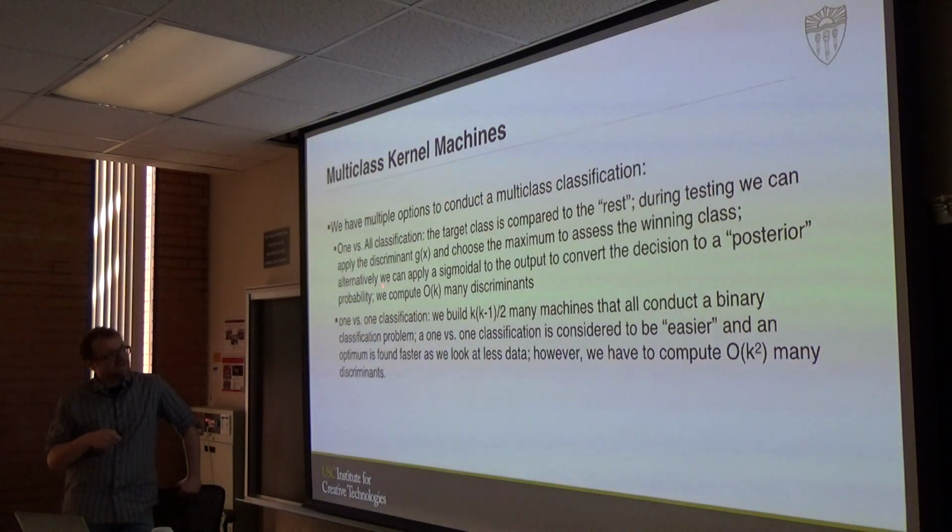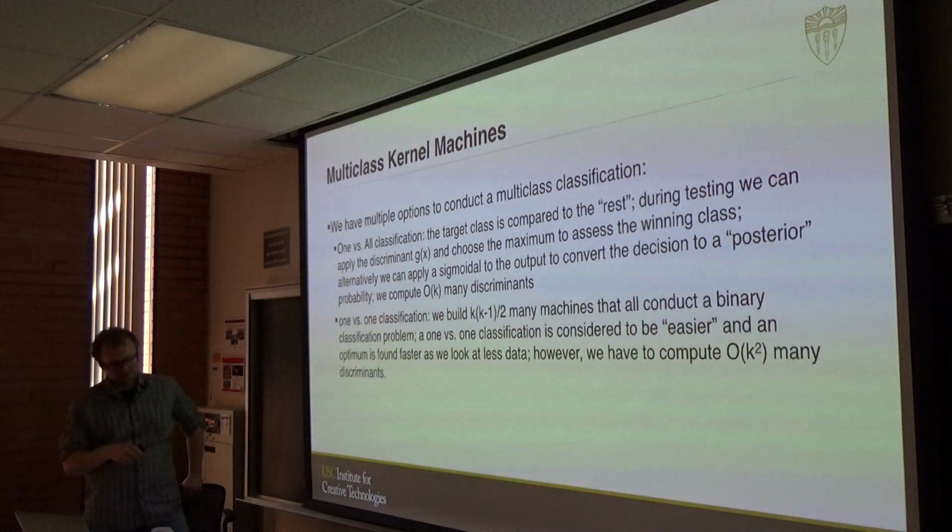And there are obviously a couple of problems with these one versus all or one versus one approaches. First of all, you have to compute many support vector machines, for example K squared many discriminants, and it becomes more and more complex in the number of classes that we have.